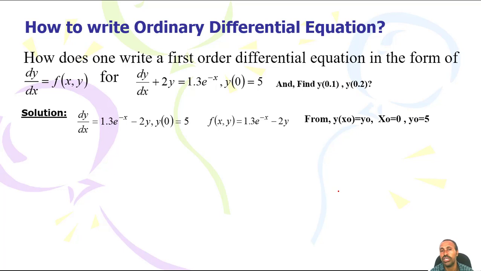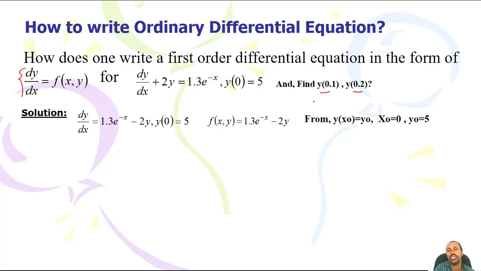Okay, how do we write an ordinary differential equation, a first order differential equation, in the form dy by dx is equal to f of x, y? Most of the time, the equation may not be direct. For example, dy by dx plus 2y is equal to 1.3 e to the power of negative x, y of 0 is equal to 5, and find y of 0.1, y of 0.2.